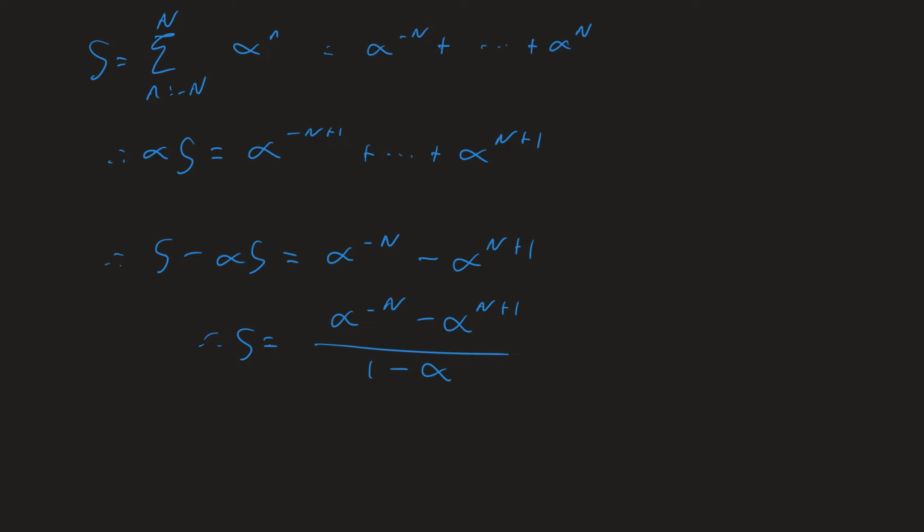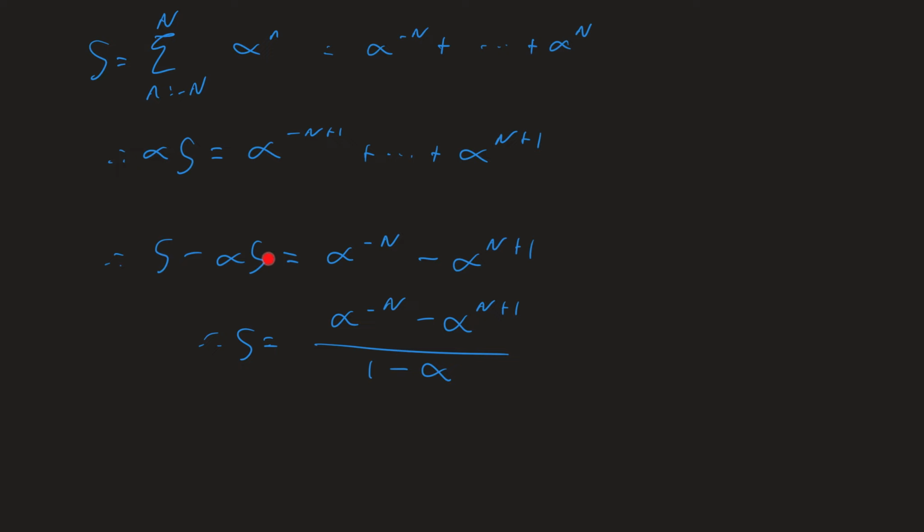All the other terms in s get cancelled by some term in alpha s, and the only term in alpha s that is on its own, so to speak, that does not have a corresponding term in s is alpha to the power of big N plus 1.